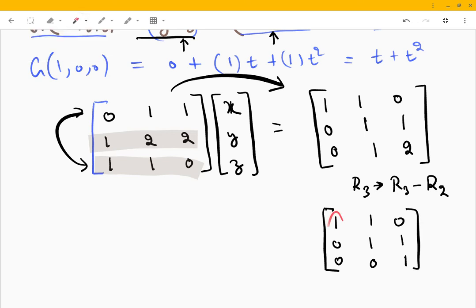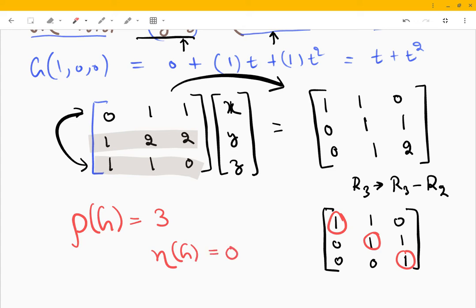I get 3 pivots in my transformation matrix, which implies that the rank of G is 3. It is a full rank matrix. What this means is that the nullity of G is 0. There is no vector in our domain that is mapping to 0 apart from the 0 0 0 vector.